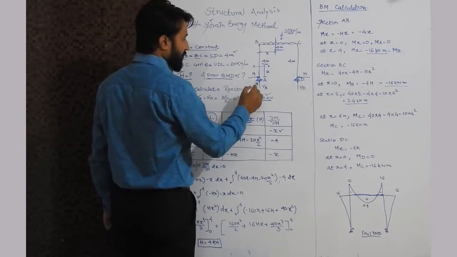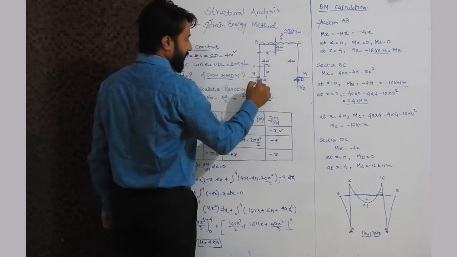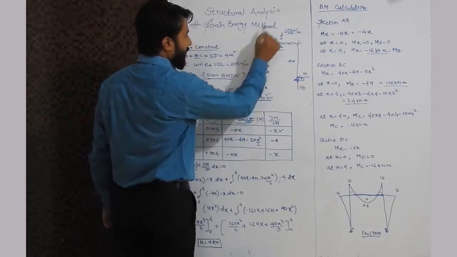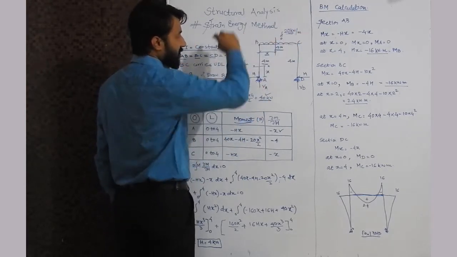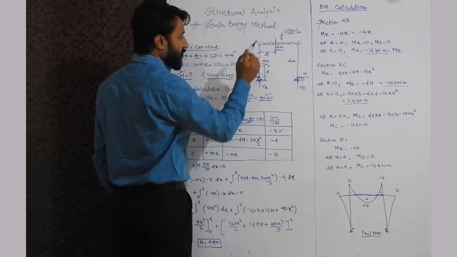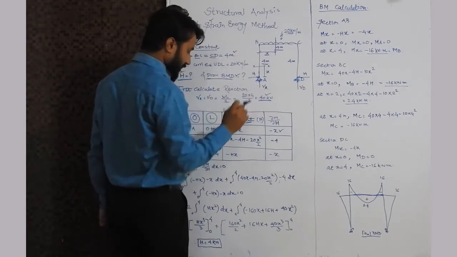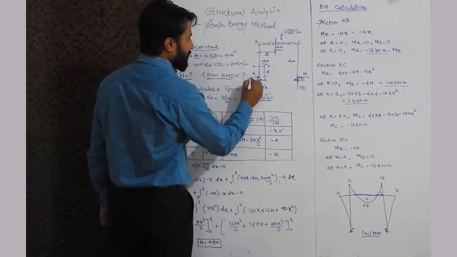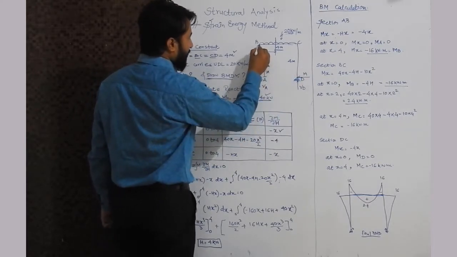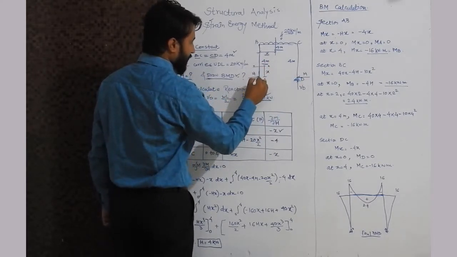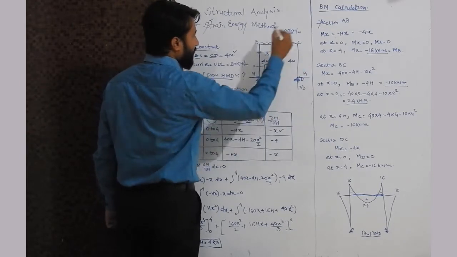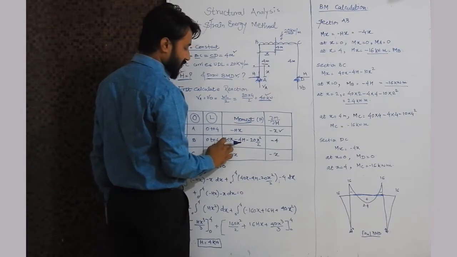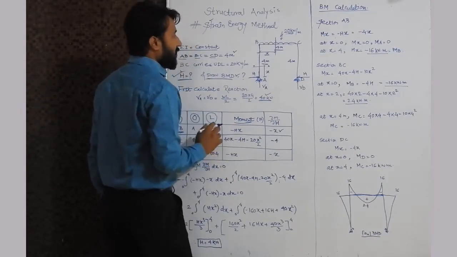The first moment is this vertical VA with the distance x. So VA into x, rotating in the clockwise direction, will be positive. The value of VA is 40, so we write 40x. Then this H, situated at a 4 meter distance, so H into 4, and the rotation is anti-clockwise, so this is minus 4 into H.